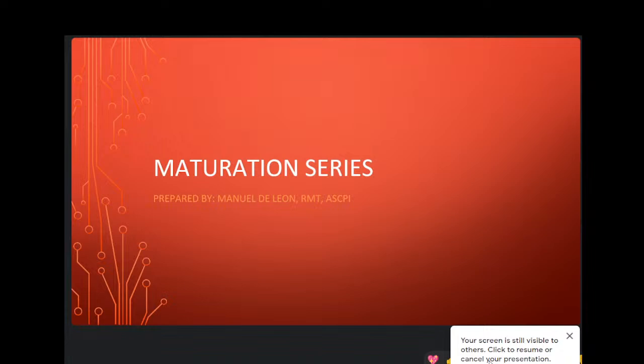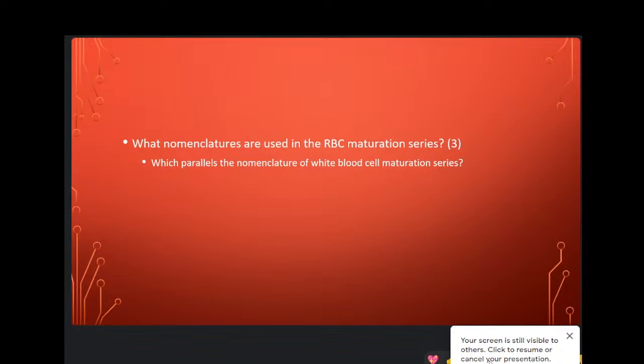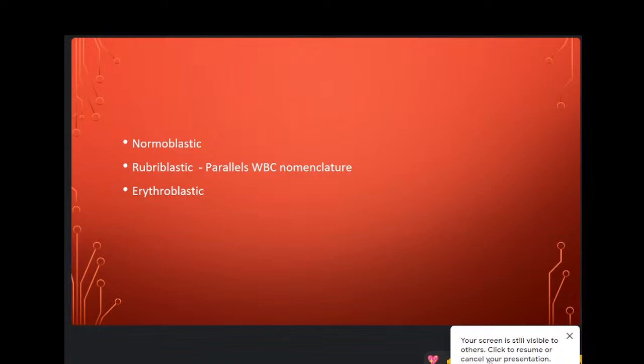So, when we start learning about the maturation series, next slide na tayo. When we're studying the maturation series, I want you guys to be familiar with the three nomenclature systems: the normoblastic system, the rubriblastic system, and the erythroblastic system.